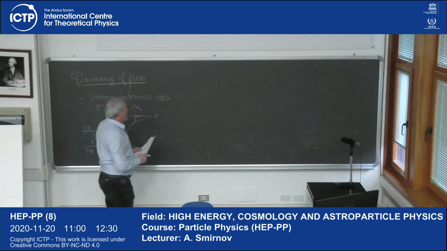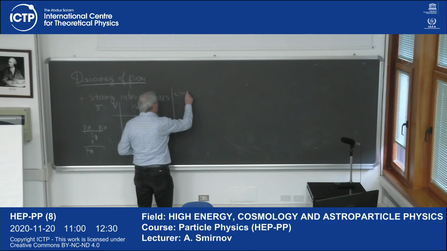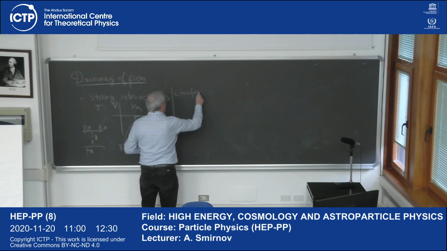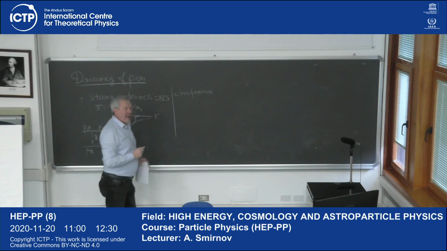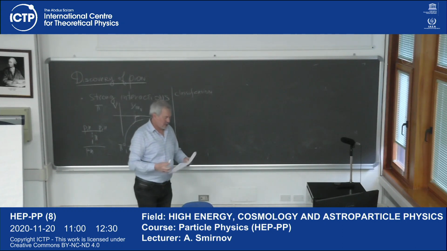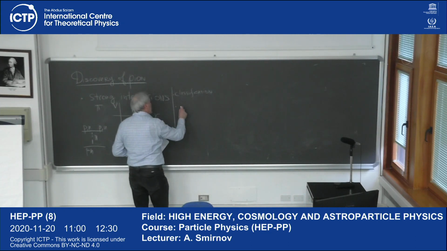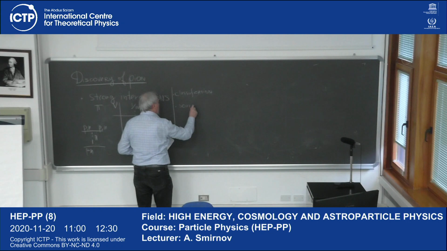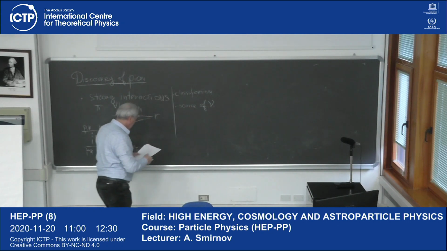These particles are important for the classification of hadrons, which eventually led to the introduction of quarks. And the pion is also a very important source of neutrinos, as we will discuss.